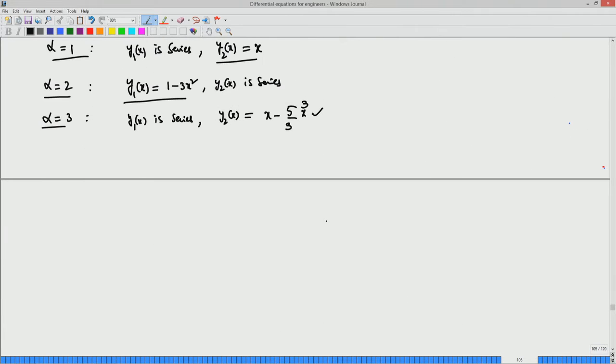Now, we will define what the Legendre polynomial is. The polynomial solutions are the Legendre polynomials. So, what is the definition?